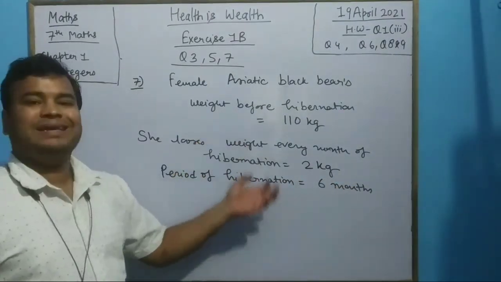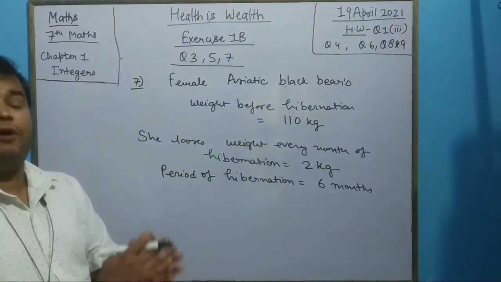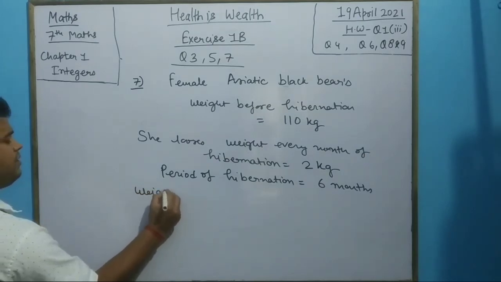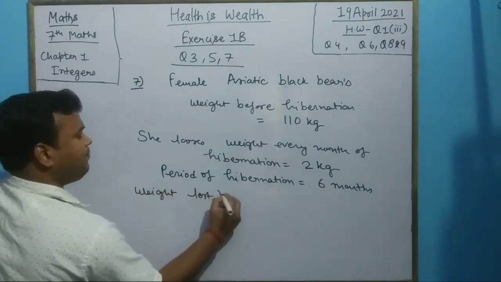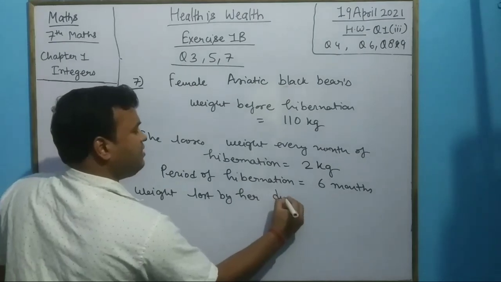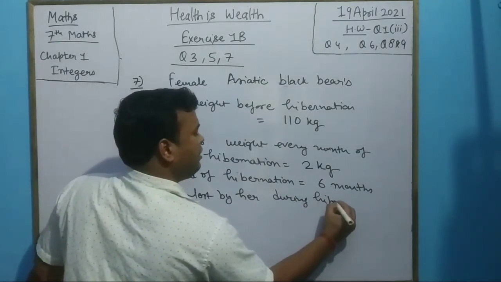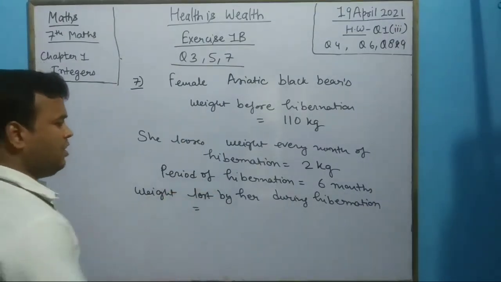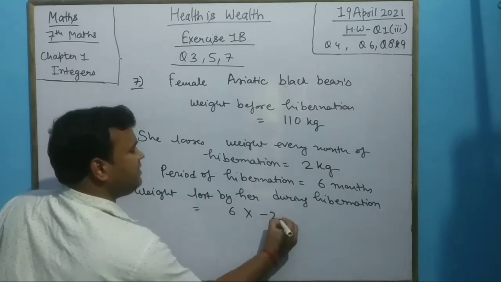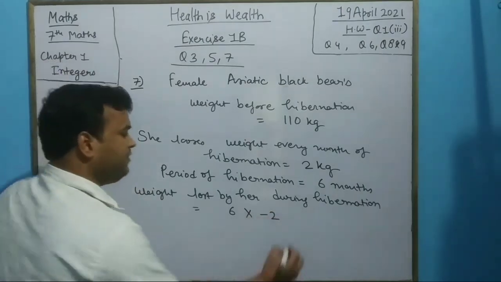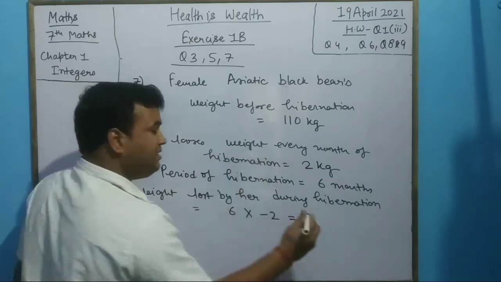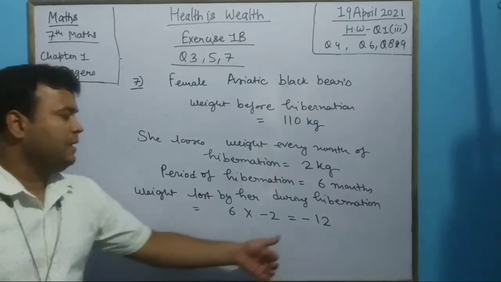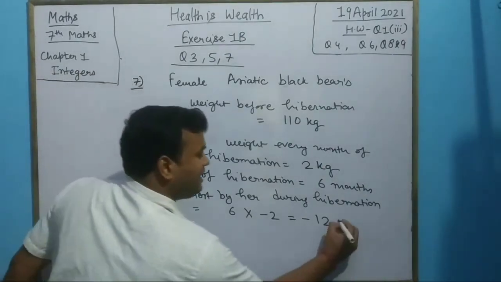What is the integer multiplication with the weight she loses? So, the weight lost by her during hibernation. During hibernation, what is the weight lost? Now 6 months, and each month she is losing 2 kg. So it will be 6 into minus 2. There is one minus, it will be minus. 6 into 2 is 12. That is minus 12, minus 12 kg.